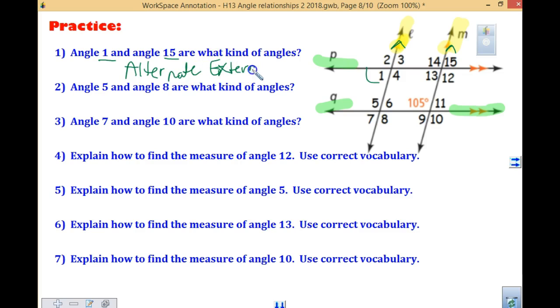So the first ones in your homework also are just going to ask you to name them. If I look at 5 and 8, Tanisha, what do I know about 5 and 8? They are vertical angles. If I'm going to take a look at 7 and 10, Jerica, what do I know?